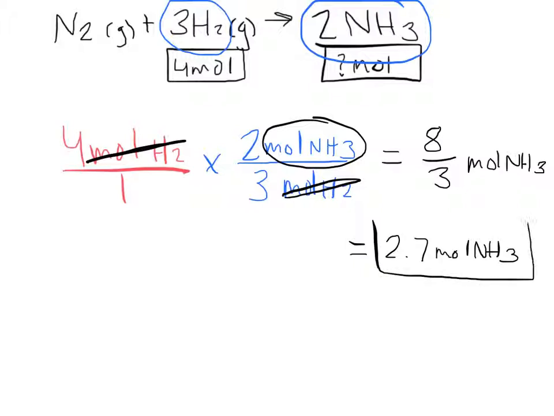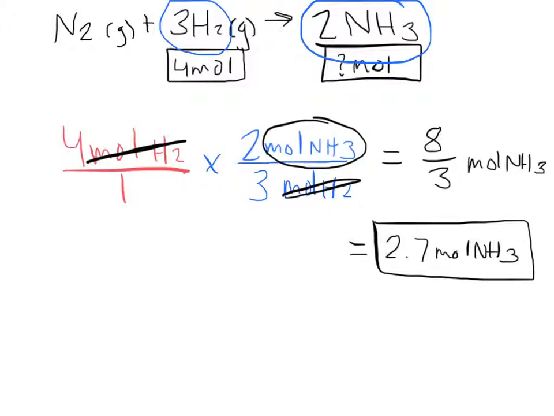So if we were to summarize this problem that we were originally given, if you just look at the chemical equation, if we had exactly 3 moles of H2, we would end up with exactly 2 moles of NH3. That's what we end up with once we balance the equation completely.